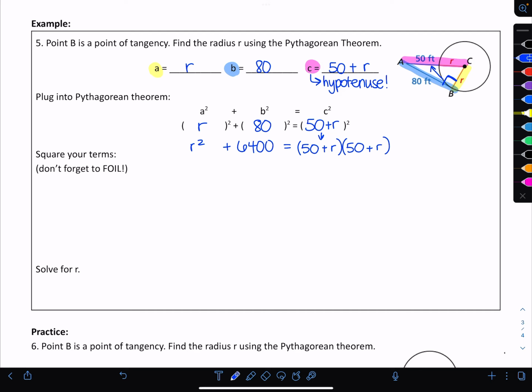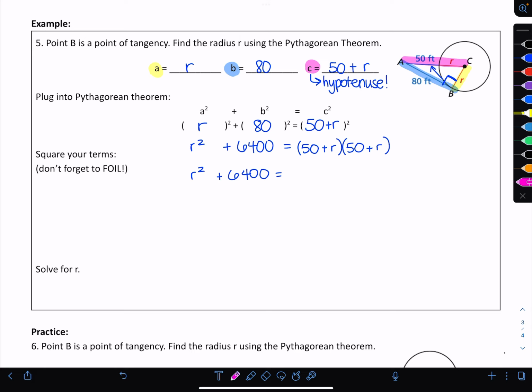This will help make sure that I'm not missing any pieces. The left side, we already simplified a bunch, so I'm just going to carry those pieces down. R squared plus 6,400 equals. And now here is where we need to remember to FOIL.